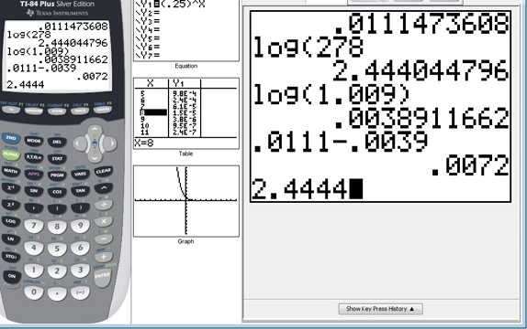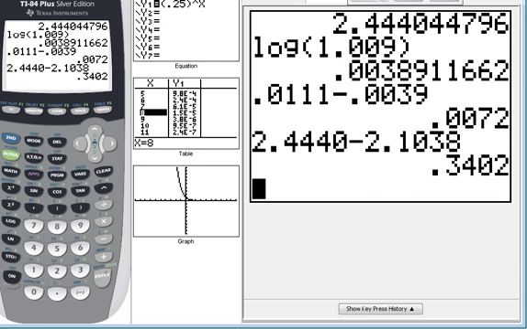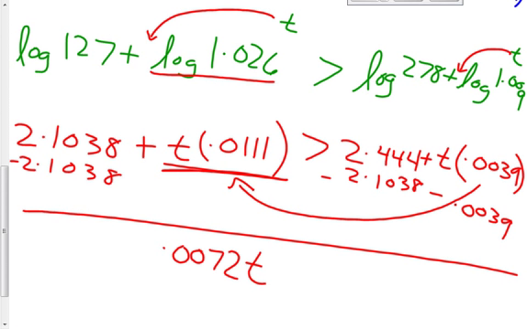And I'm going to subtract 2.1038, and I get 0.3402 greater than 0.0072t.